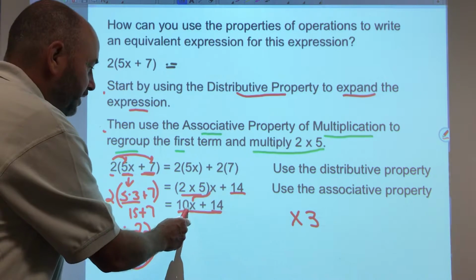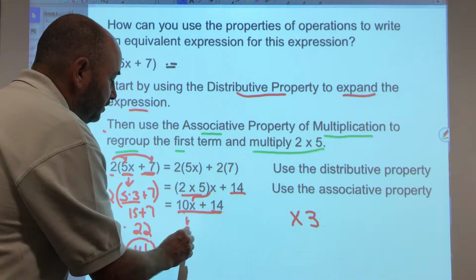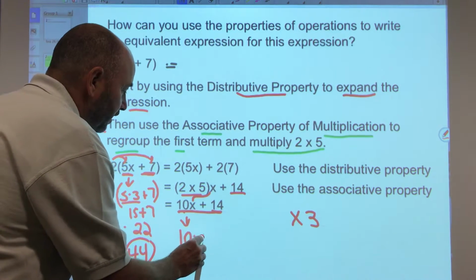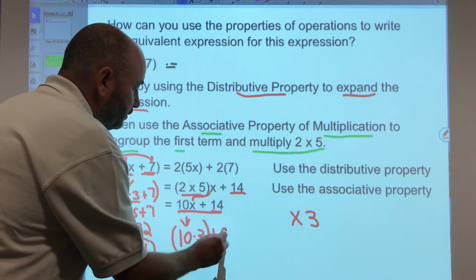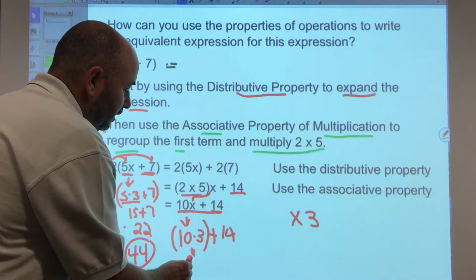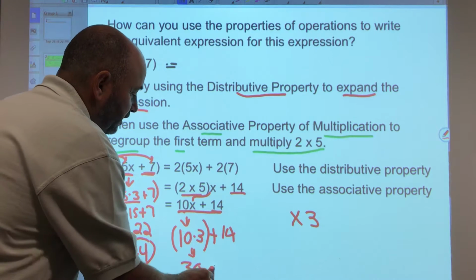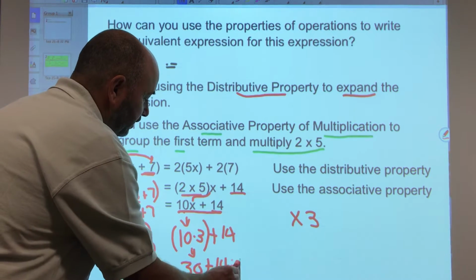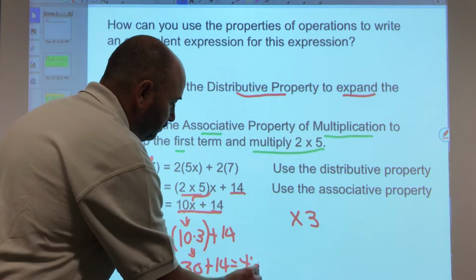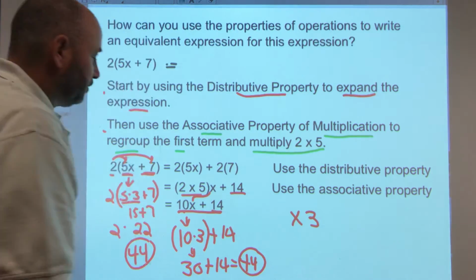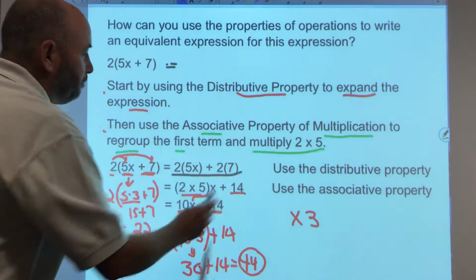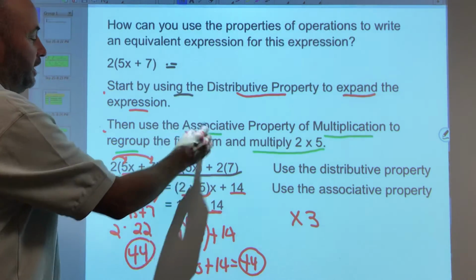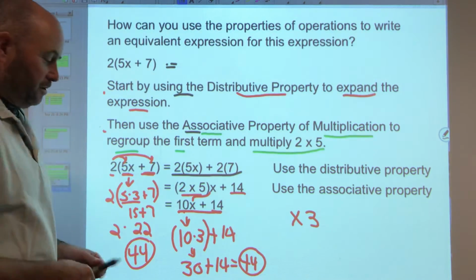So then let's do 10 times 3, okay, plus 14, and 10 times 3 is 30, and then 30 plus 14 equals 44, okay? So we did create an equivalent expression by using the distributive property and the associative property, okay?